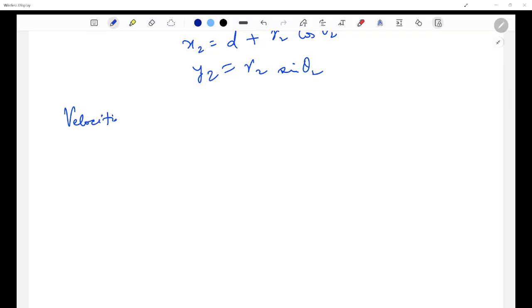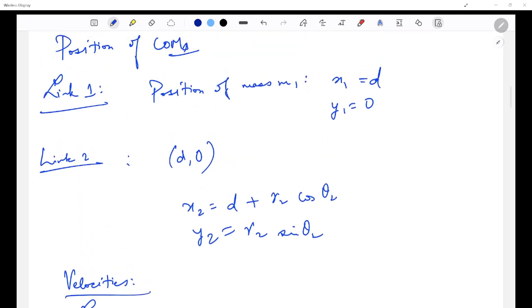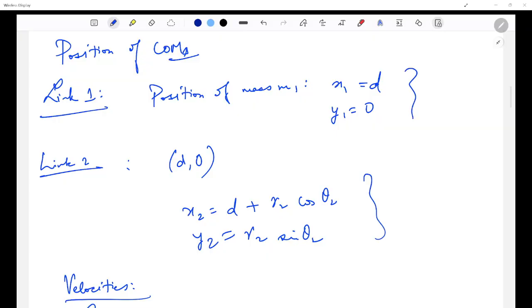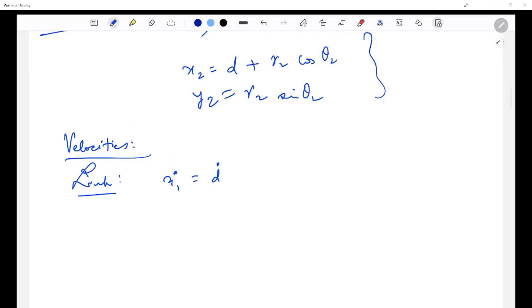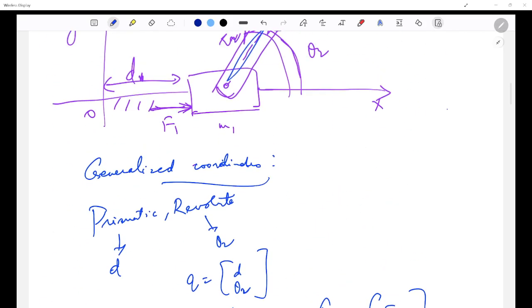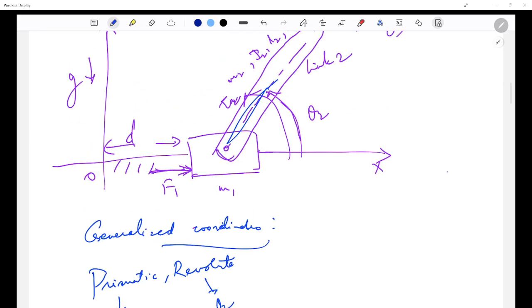So when we know the position of the center of mass, let's find what the velocities are. We can differentiate with respect to time. So we'll differentiate the equations that we have written here, these both and these both. So what is x1 dot? It's d dot. Let's keep it a generalized variable, not d1 and just d.